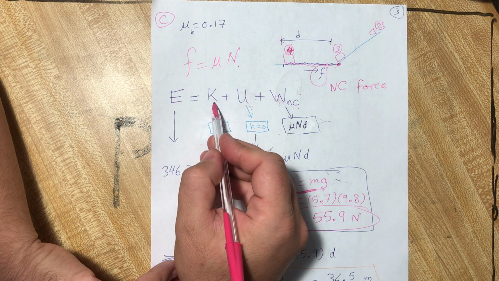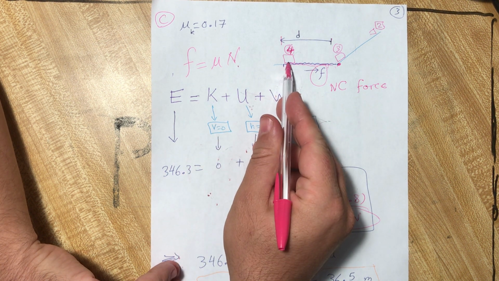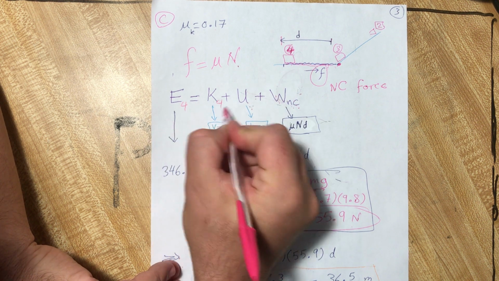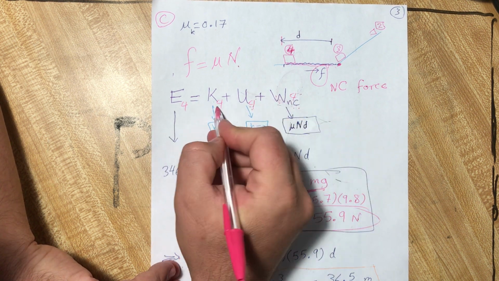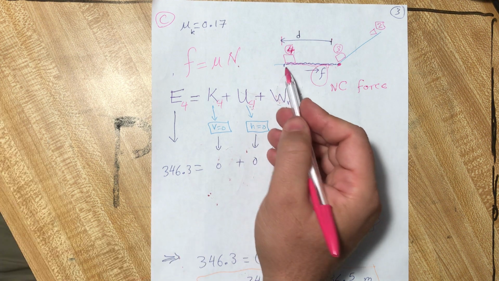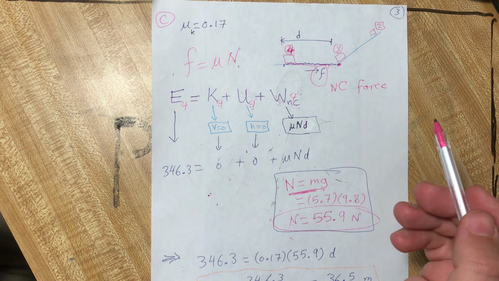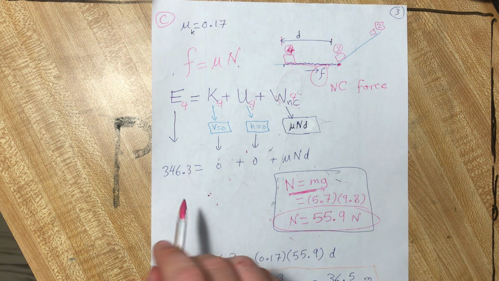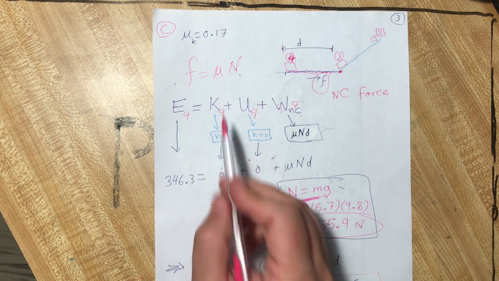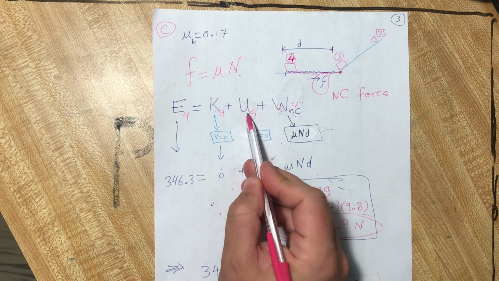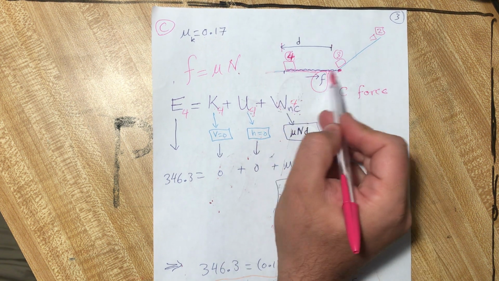The kinetic energy here is 0 at point 4. We are talking about point 4, the last point. At point 4, the body is stationary because it loses all of its energy to friction. So the velocity is 0, then the kinetic energy is 0. The potential energy due to gravity is also 0, because h is the 0 level.